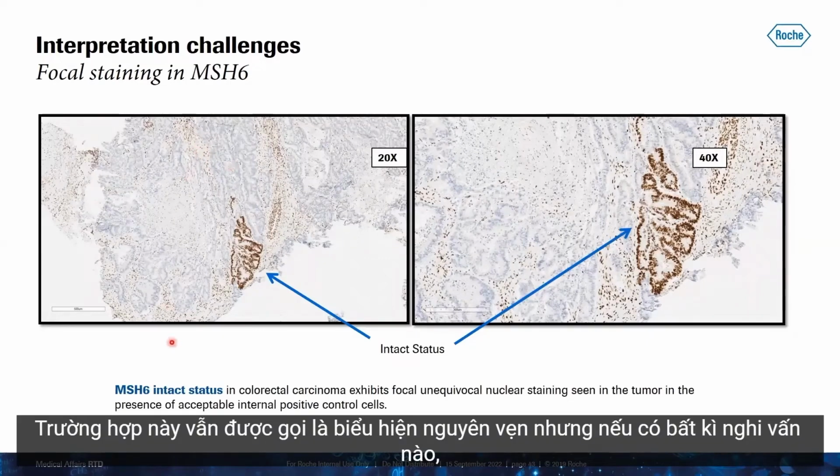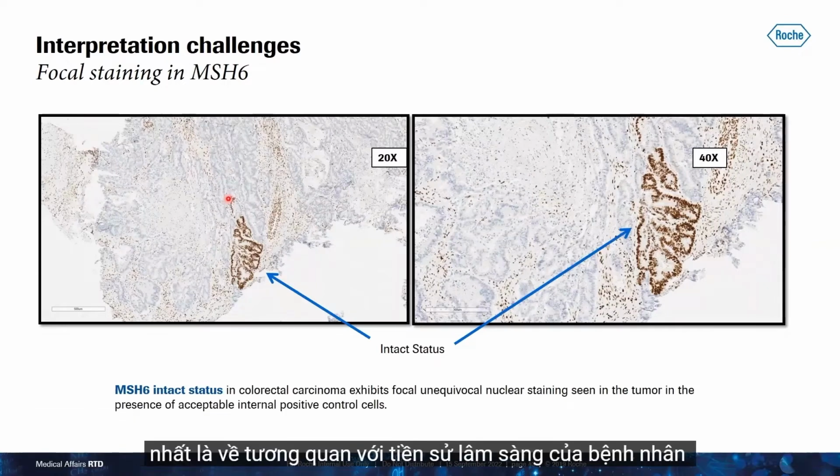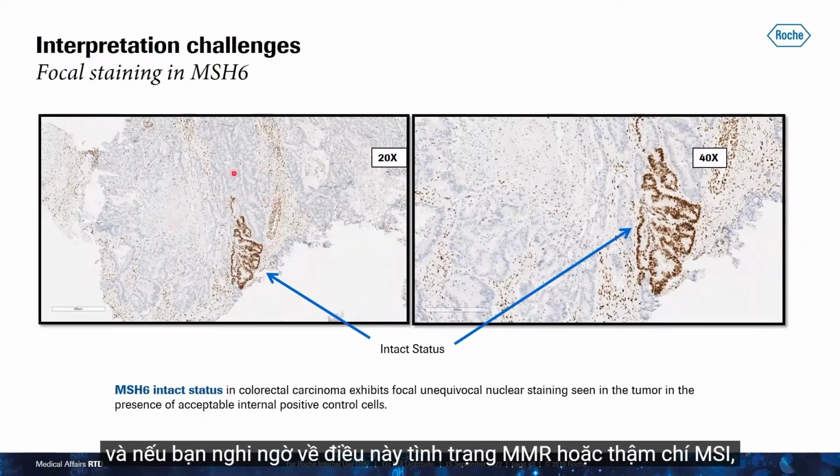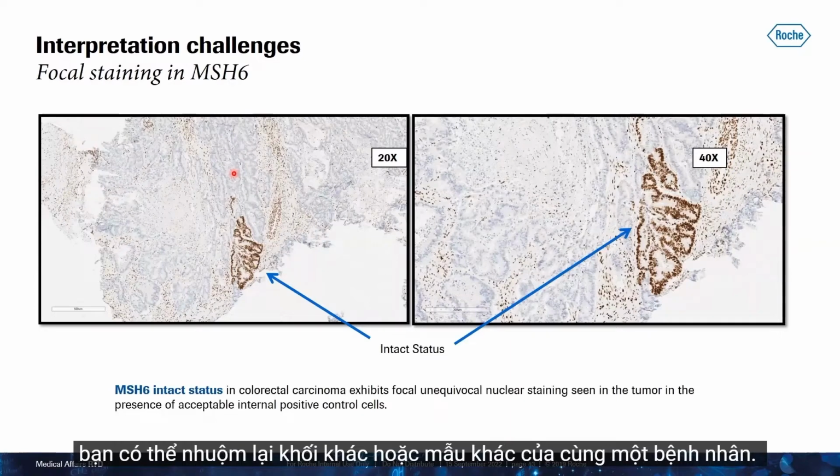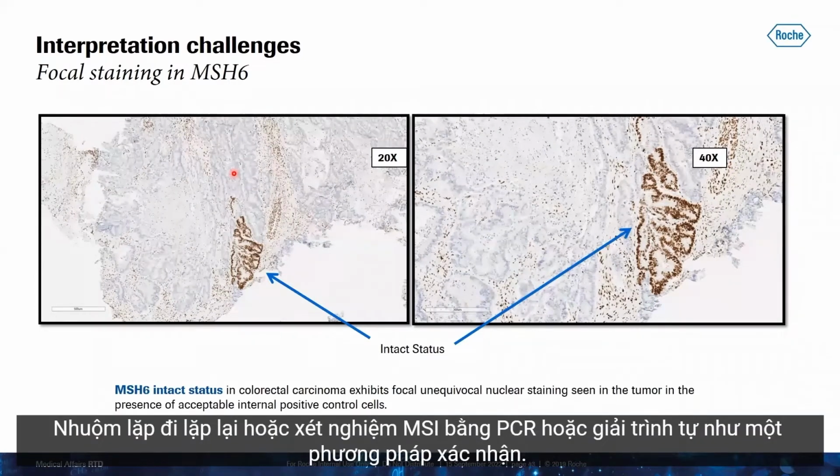Now, this is still called intact, but if there is question, especially in correlating with the clinical history of the patient, and if you are in doubt about the MMR status or even the MSI, one can opt to repeat the staining in another block or another specimen from the same patient, or subject the specimen to MSI testing using PCR or sequencing as a confirmatory method.